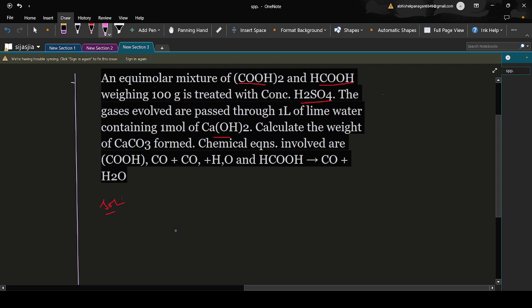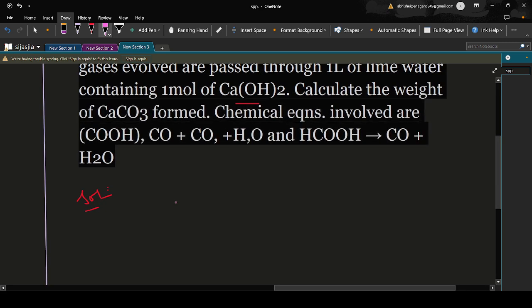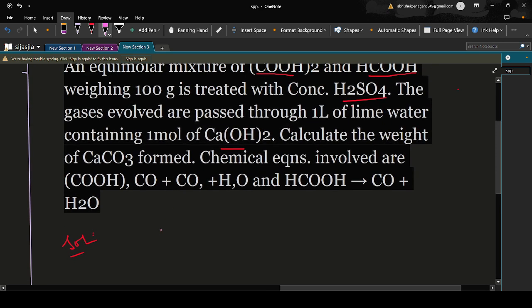The equimolar mixture of this and this: COOH taken twice and HCOOH weighing 100 grams is treated with concentrated H2SO4.